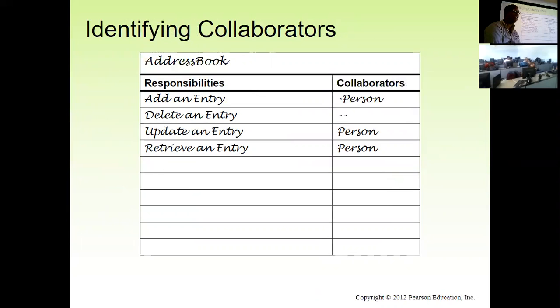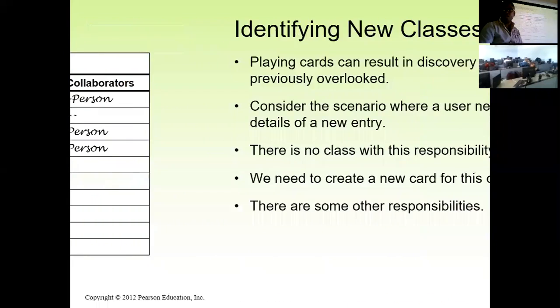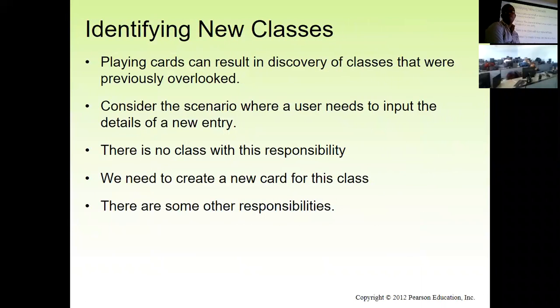For example, the requirements might say we should be able to add a person to the address book, so you play out that scenario. It's not something you pull out of thin air. Now, playing the cards can also result in the discovery of other classes that were previously overlooked.